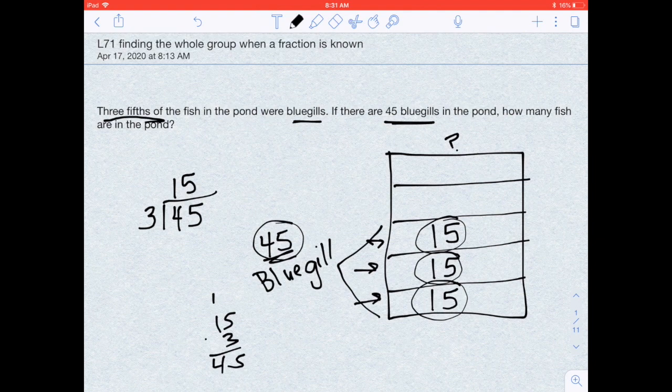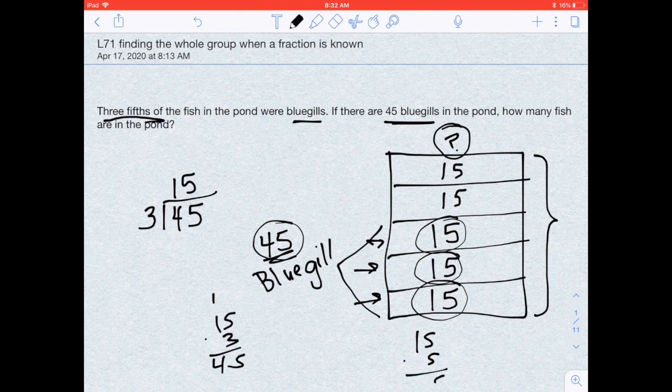So to find my total up here, I need to keep moving and filling in my box. So I'm just going to add 15, 15, 15, right? Okay, so now I have my total number of fish through my 5 boxes. So I can either add 15 5 times, or I can do 15 times 5.